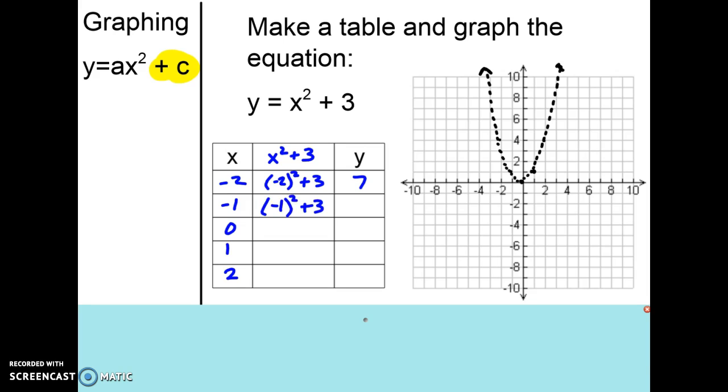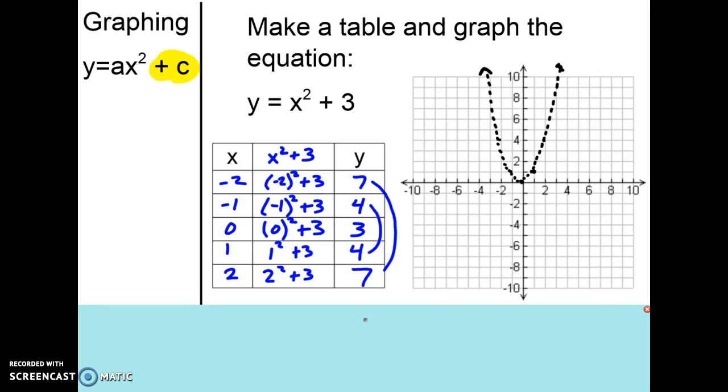So -1 squared, that would be 1. 1 plus 3, that would be 4. Here we have a 0. 0 squared is 0, but we have to add the 3, so this is going to be a 3. Here we have 1 squared plus 3, so 1 times 1 is just 1, plus 3, that would be 4. And then we have 2 squared plus 3. 2 squared is 4, plus 3 would be 7.